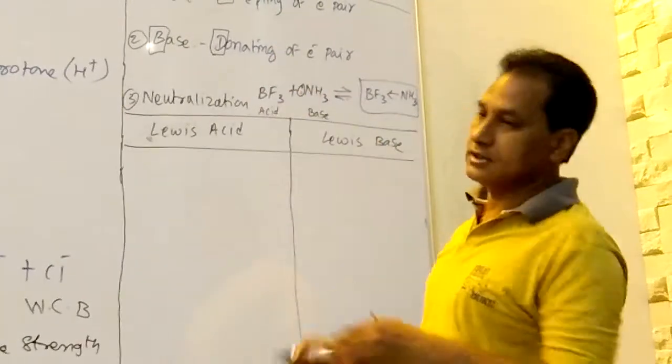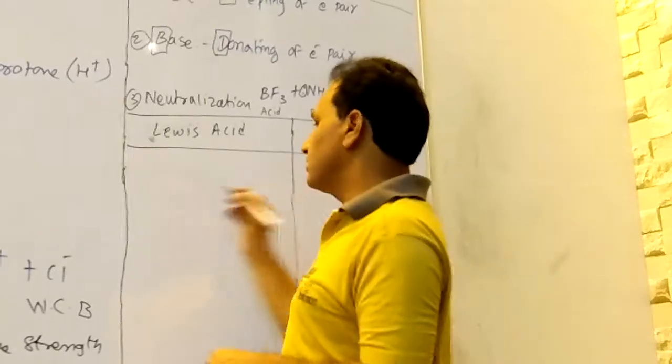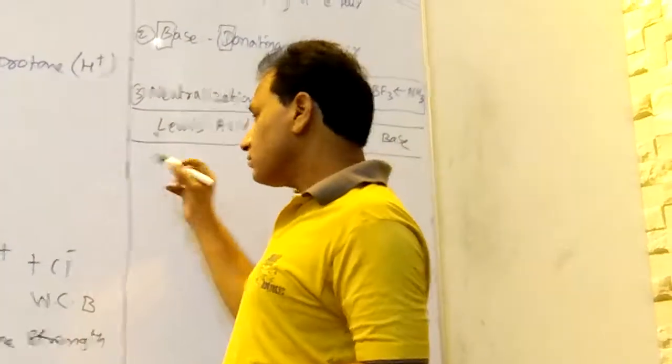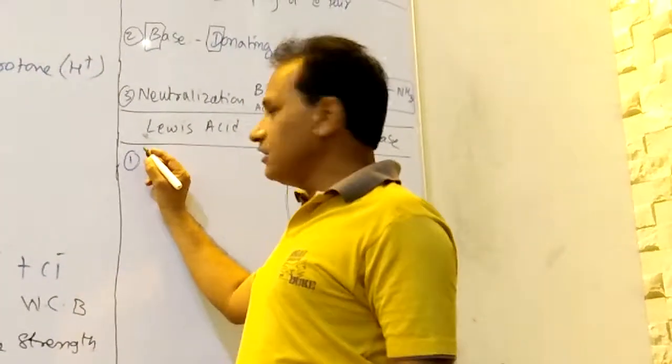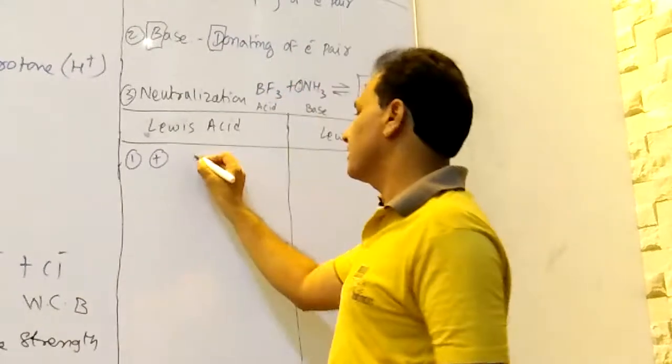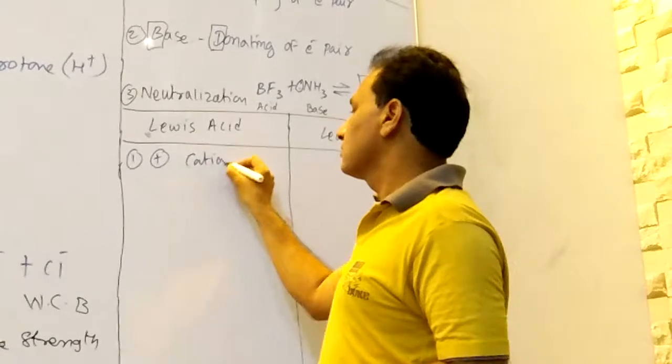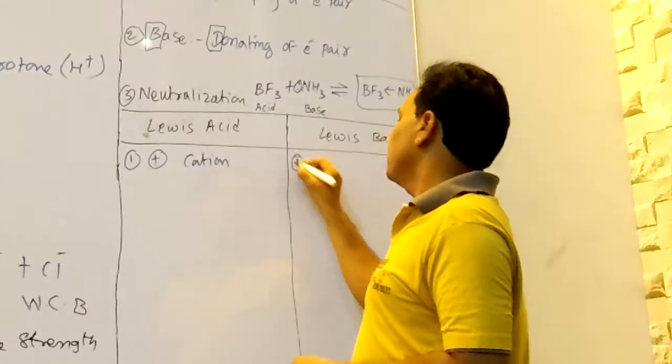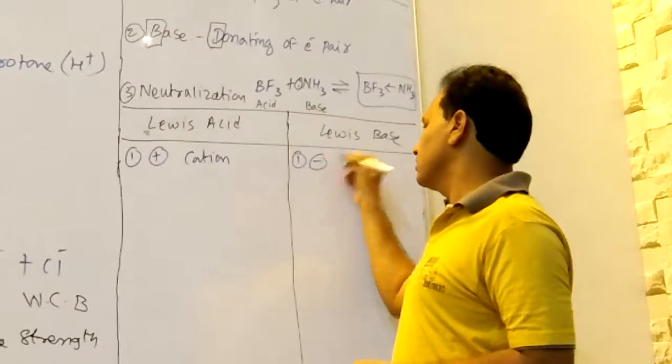He also explained some classification of Lewis acids and Lewis bases. According to him, any cation, positive charge, is a Lewis acid. Any anion, negative charge, is a Lewis base.